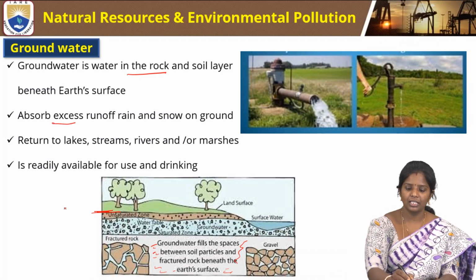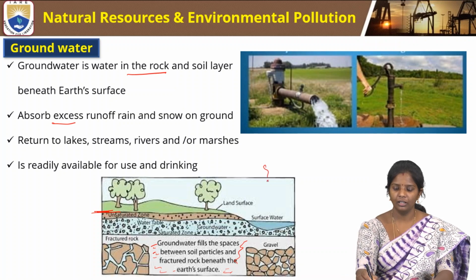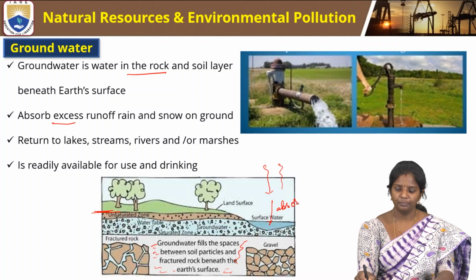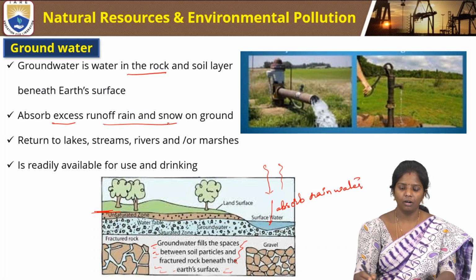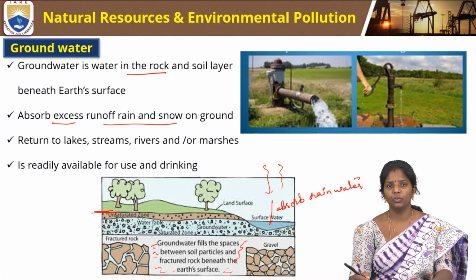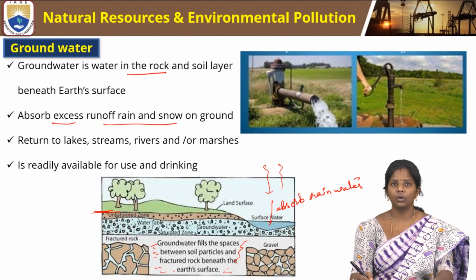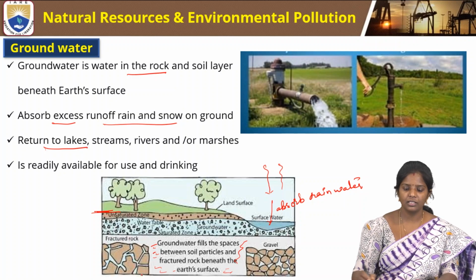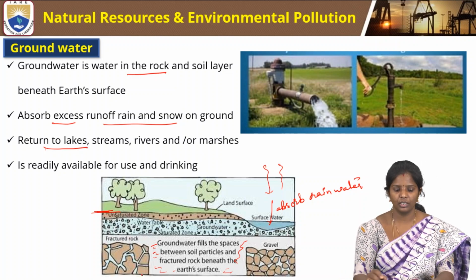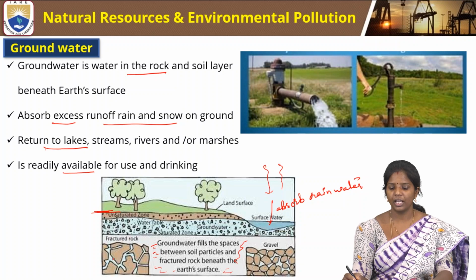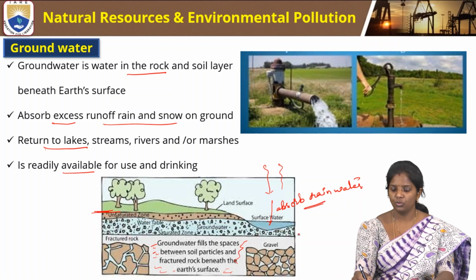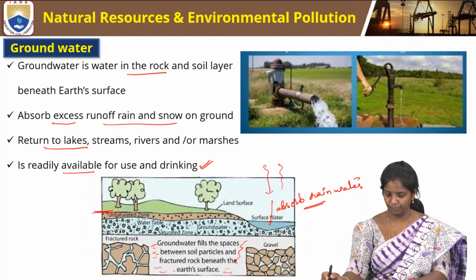It absorbs excess rainwater whenever it is raining, and snow and rainwater on the ground penetrate deeper into the layers of soil, forming the groundwater. This will return to lakes, streams, rivers and marshes. So it is readily available for use as drinking water, for other domestic purposes and also for drinking.